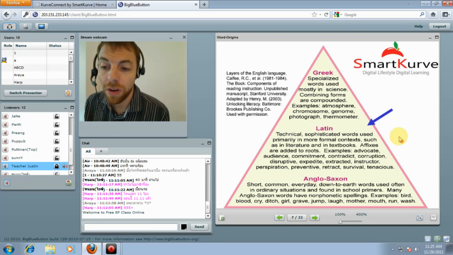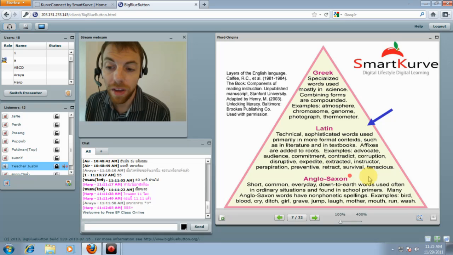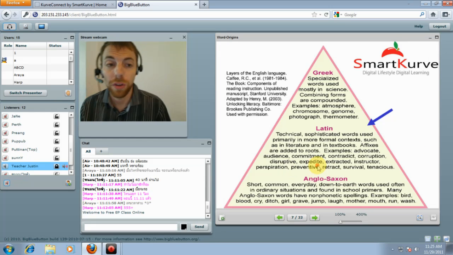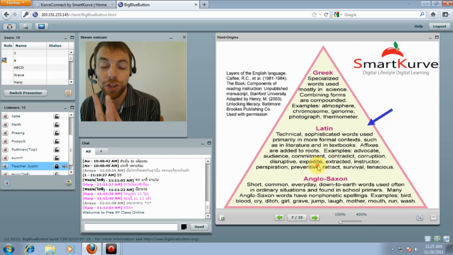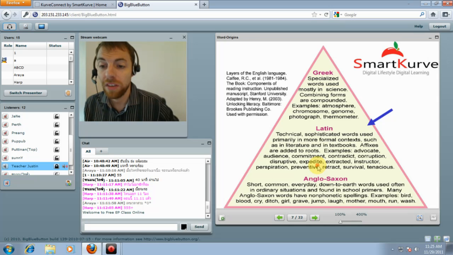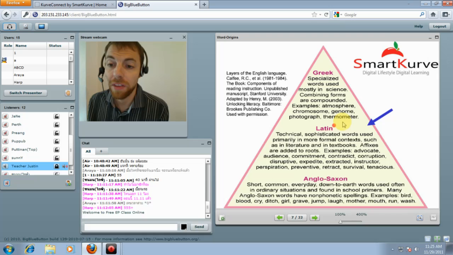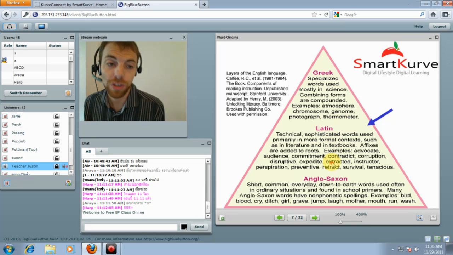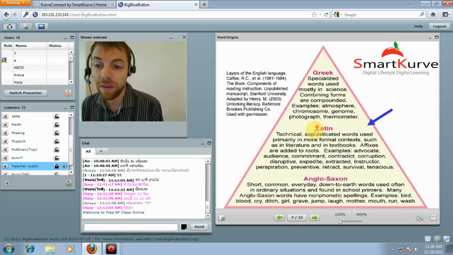Latin words are usually parts of words, and if you study Latin or you know another language like Latin, then it can help you. If you learn Latin, you can learn Spanish and French and Italian and Portuguese, all very easy because they come from this language, Latin. And English too comes a lot from Latin.